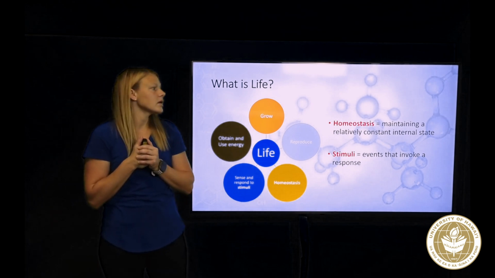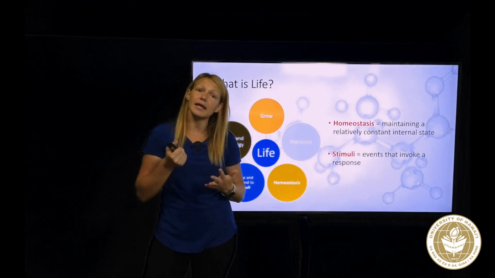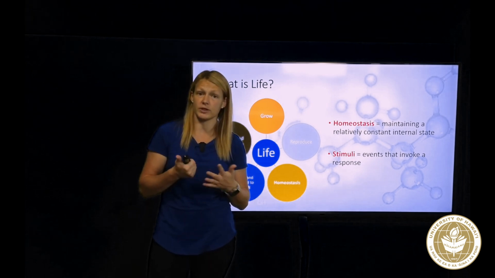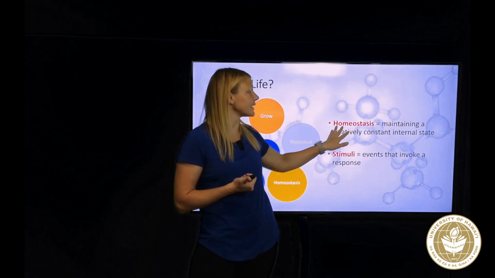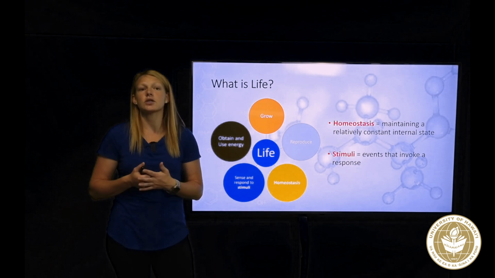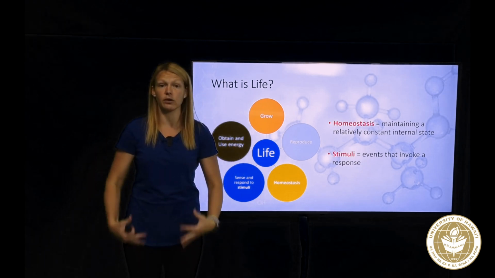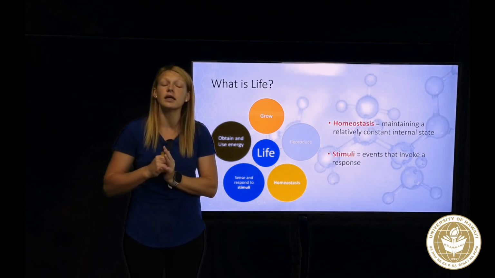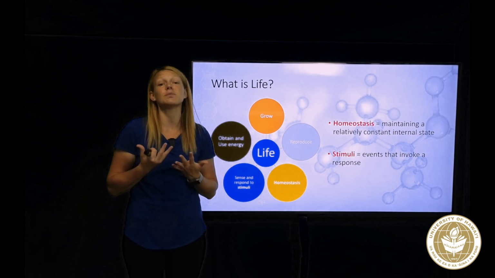So the third thing then is homeostasis. This may or may not be a term you've heard of before, so it's one of our vocab terms. Homeostasis is the process of maintaining a relatively constant internal state. So you're trying to keep your internal environment, so think of inside of your body, constant, even though the exterior environment is going to be different.